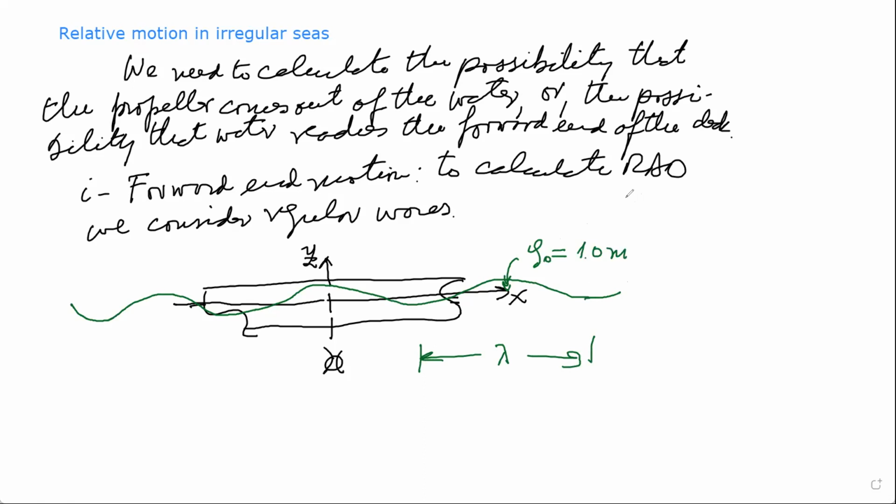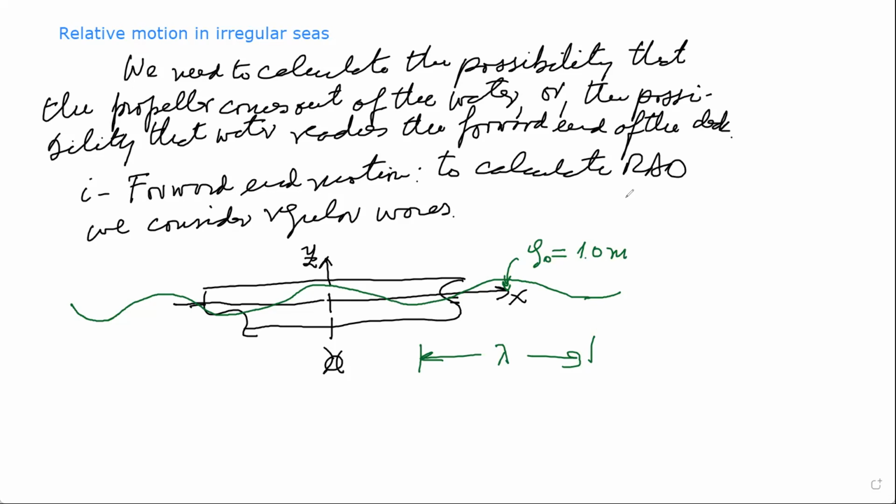So in this case, the relative motion of the forward end with respect to the free surface is directly the RAO, because that's the amplitude of the response, the relative motion, with an incoming wave of unit amplitude. And we're assuming that the incoming wave amplitude is 1.